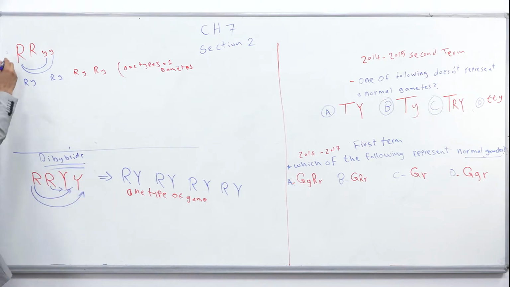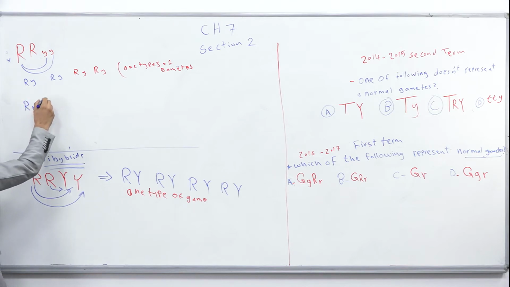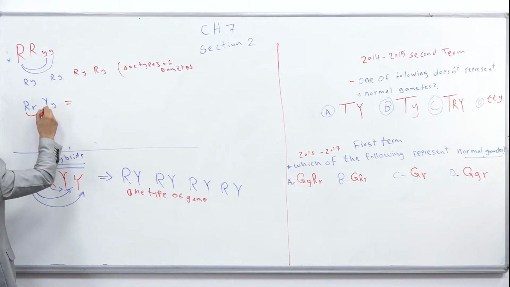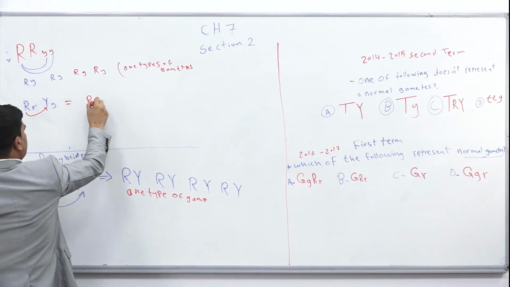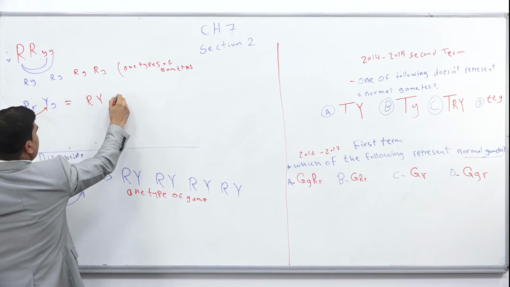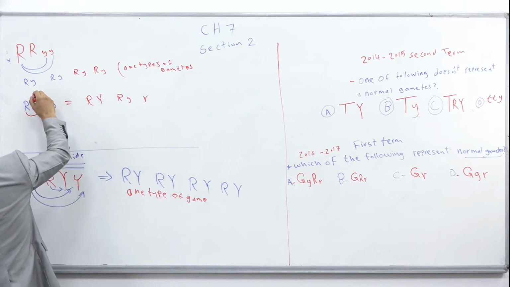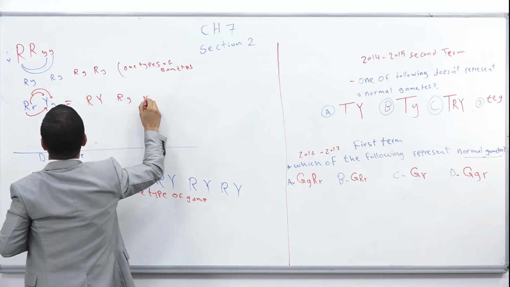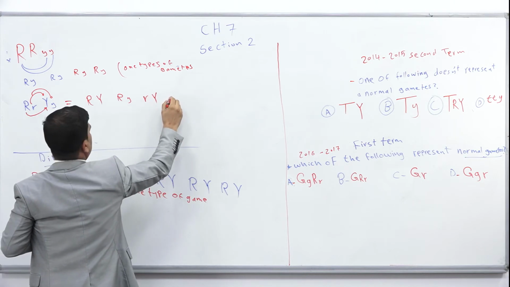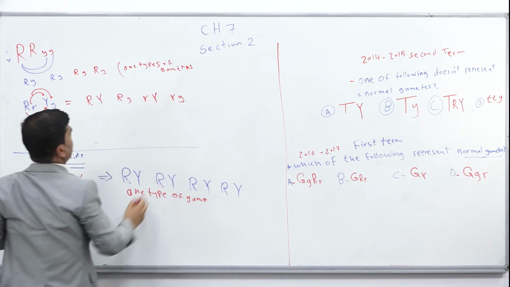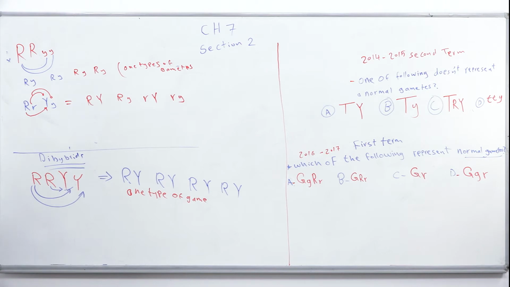Another question: for example, we have R capital, R small, Y capital, Y small. Here, R capital with Y capital, R capital with Y small, R small with Y capital, and R small with Y small.